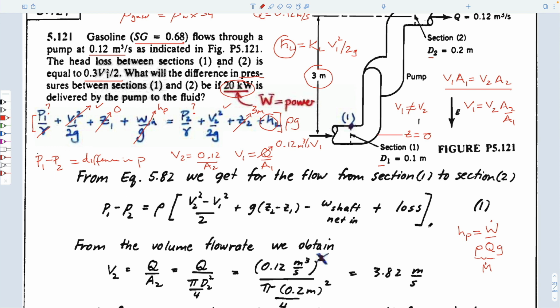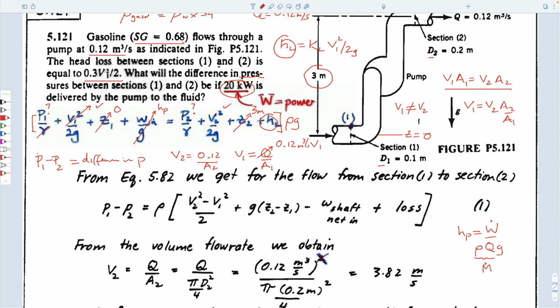We end up with this equation here. So if we multiply this whole equation by rho G, we get rid of the rho G under the pressures. We get rid of the 2G with a rho outside on the velocity term. We add a G and a rho to the Z, and we do something with this.